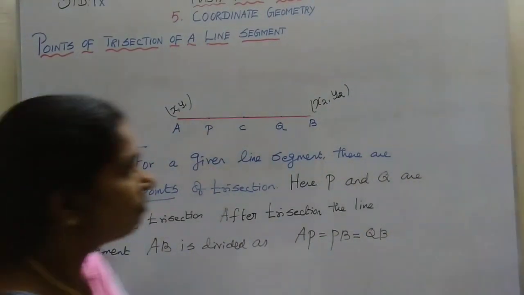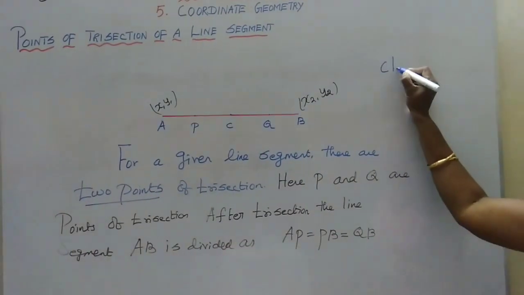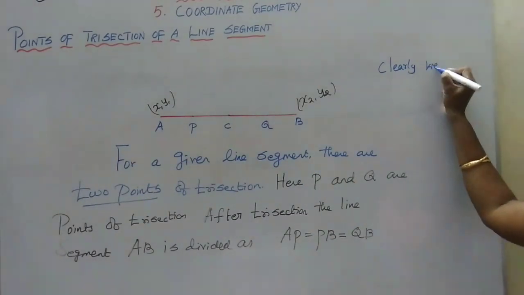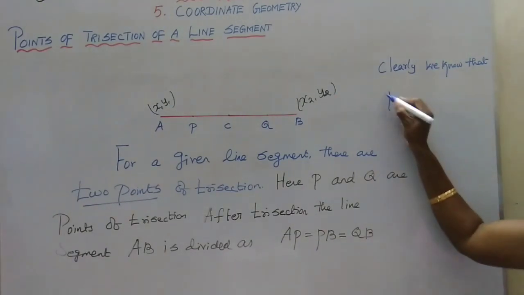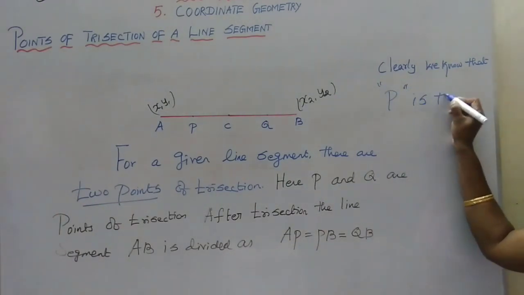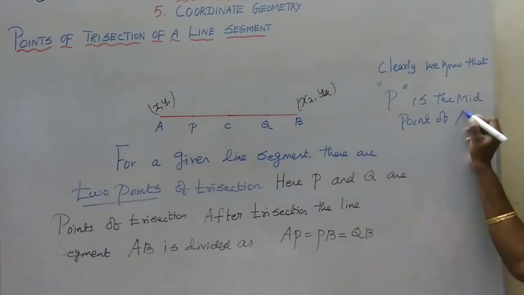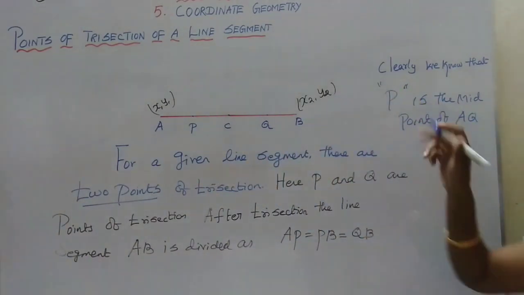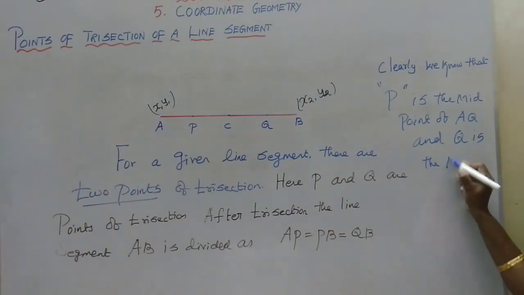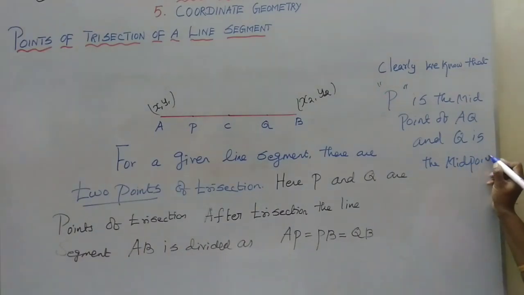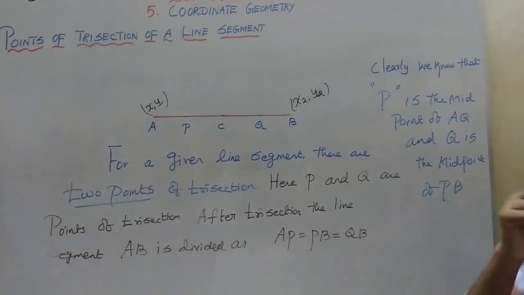Now we can say you should understand this: P is the midpoint of AQ, and Q is the midpoint of PB. So how many points of trisection?